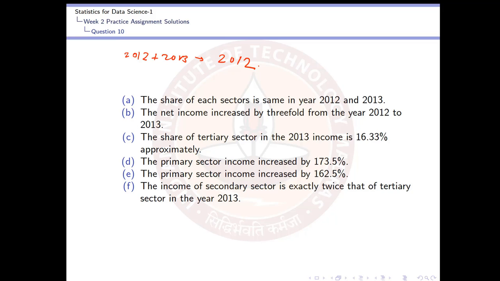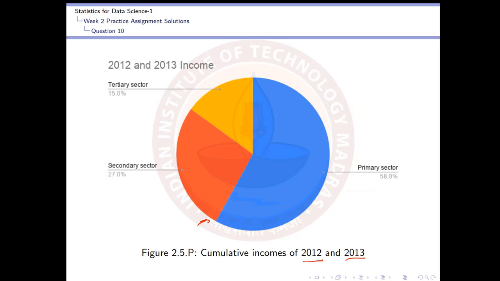But in our case, the area of this pie chart is 4 times the area of the 2012 pie chart, because the radius of this pie chart is twice the radius of the previous pie chart.